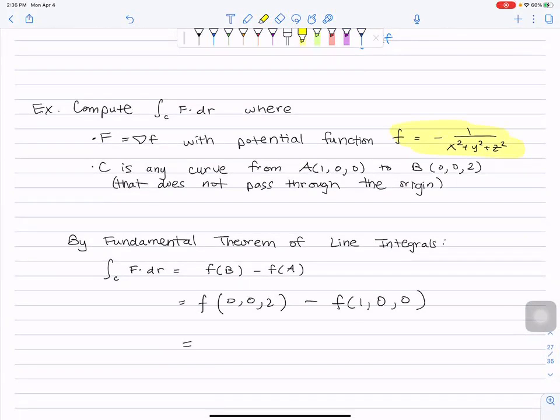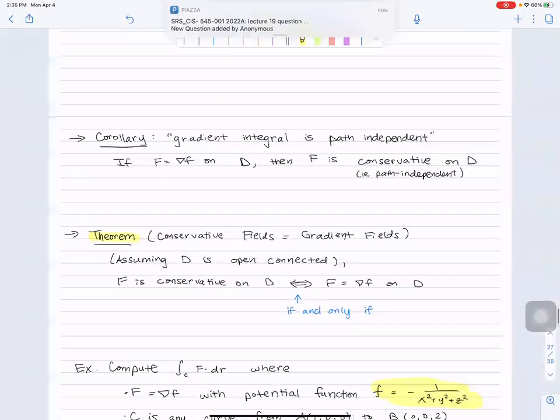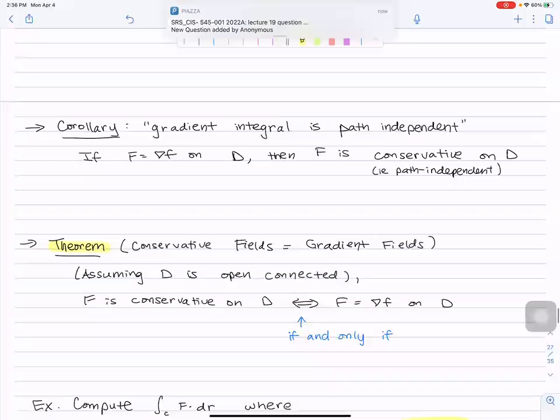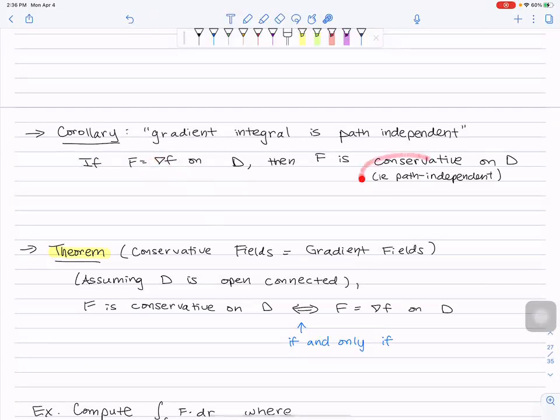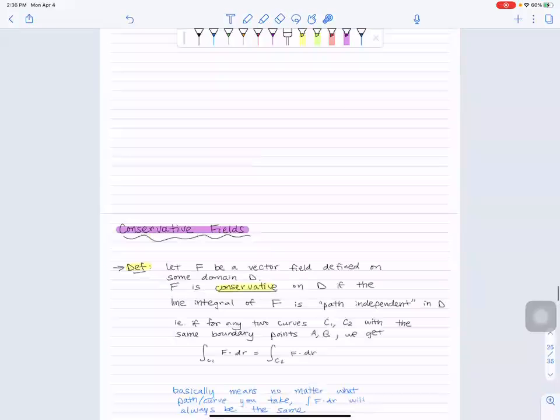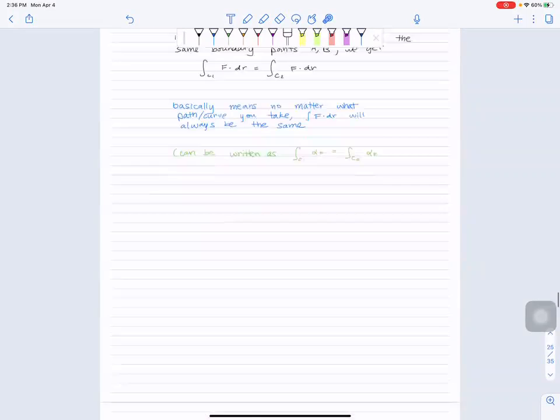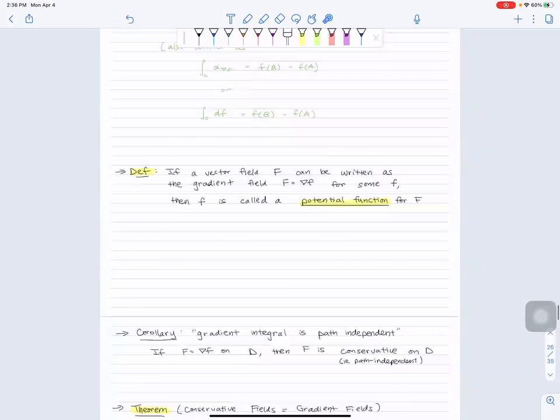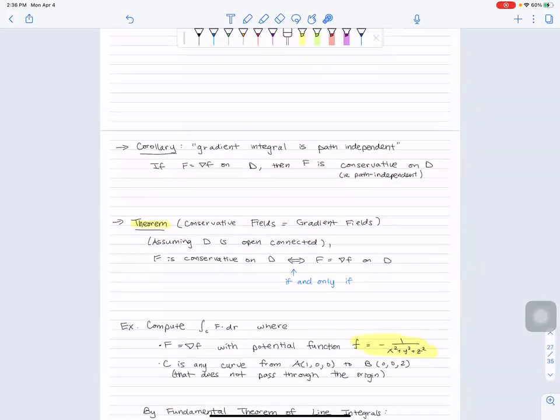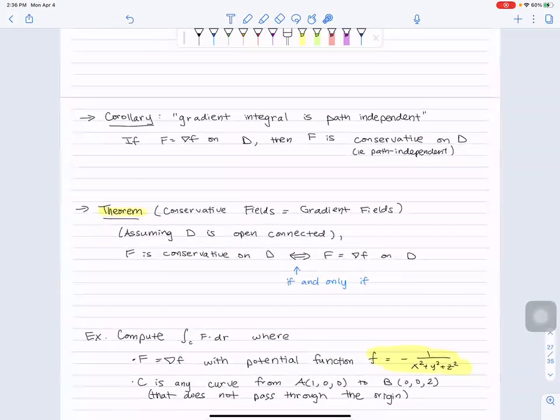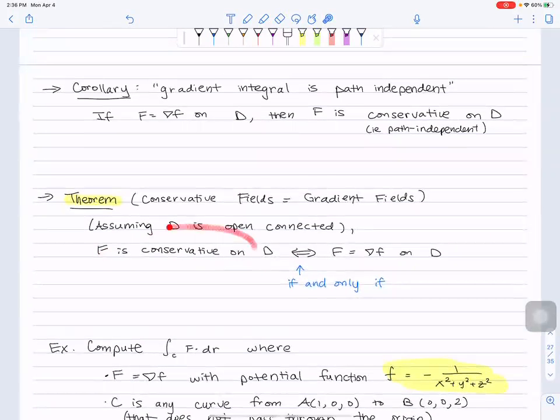That's probably the corollary that you were talking about. Yeah. So is the only time that it's path independent when you're working with the gradient? Yeah, because by the if and only if, if you're saying that F is not conservative, then you just can't say that it's definitely a gradient.